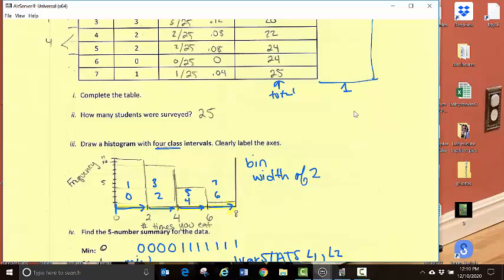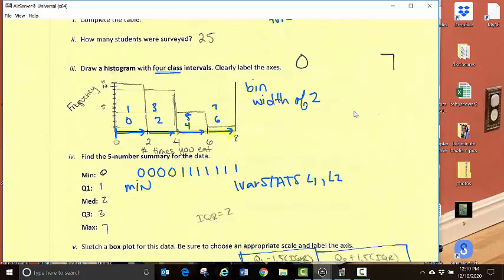Okay, so a lot of people had questions on this one in class yesterday. It says 4 class intervals, and they tried to do it between 0 and 7, because that's the numbers I have. But first off, it has to be a number line at the bottom. And these are the numbers 0 up to, but not including 2.